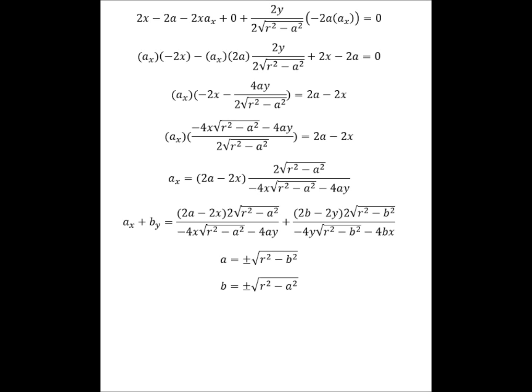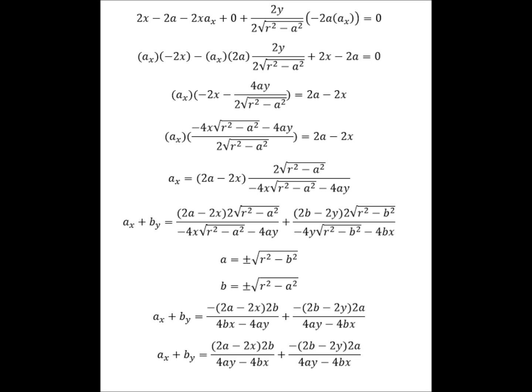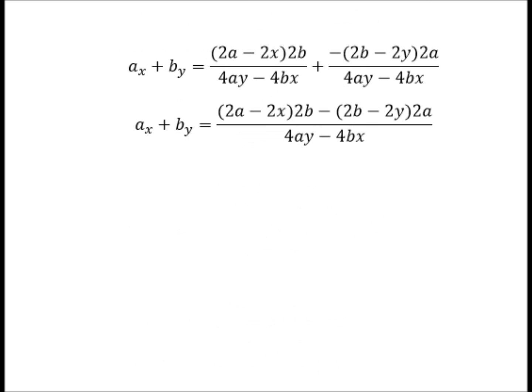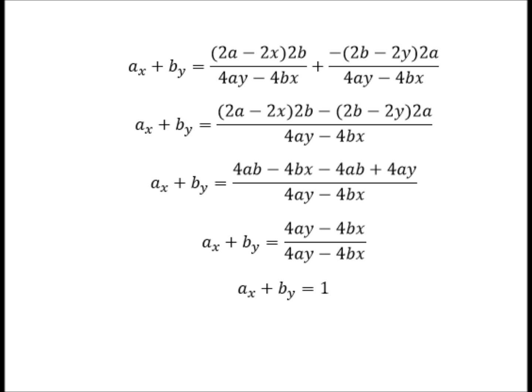Remembering again what a and b equal, the square roots of r squared minus b squared, or vice versa, we can put b's and a's back in the equation and refactor it a little bit, and eventually come down to one fraction, because they're both over 4ay minus 4bx. Combine the two, and after a little bit more factoring, we get that a partial x plus b partial y is equal to 1.